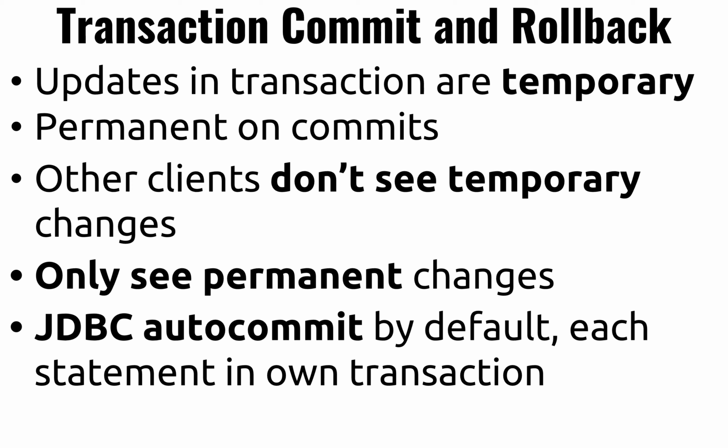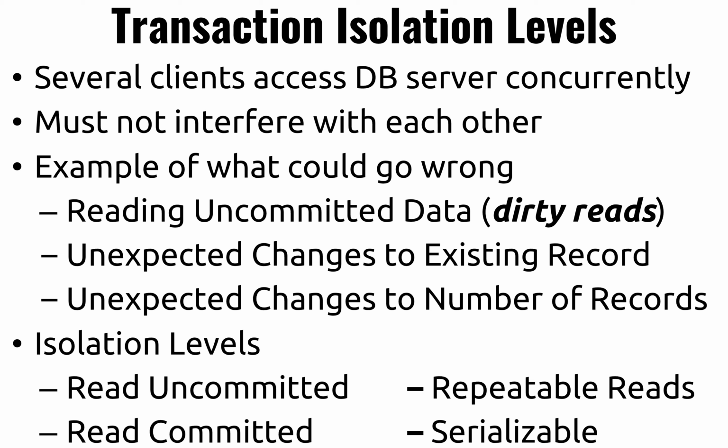That doesn't allow you to group multiple operations. Each operation is individually its own little transaction. So later on, we'll talk about its limitations and how we can turn it off and use more powerful interactions with the database.